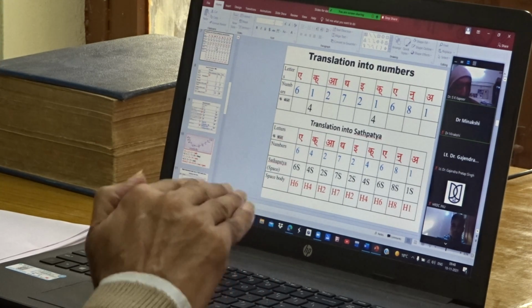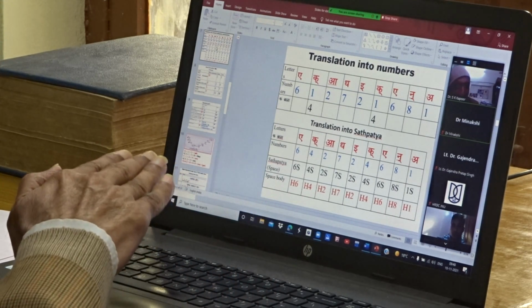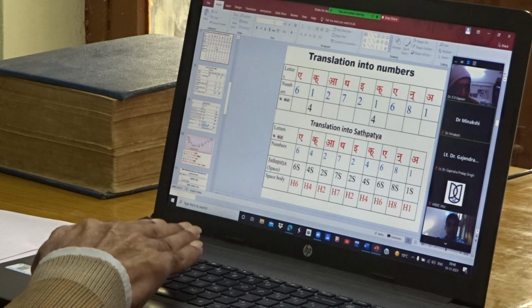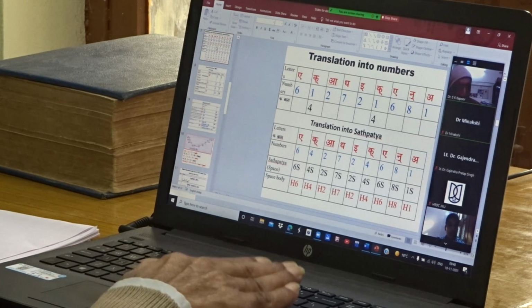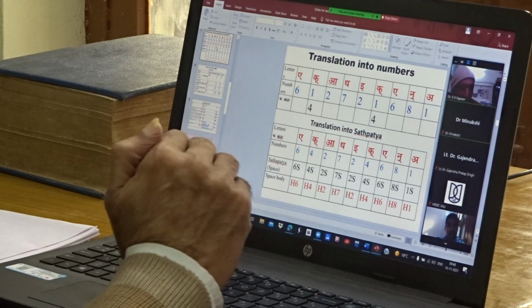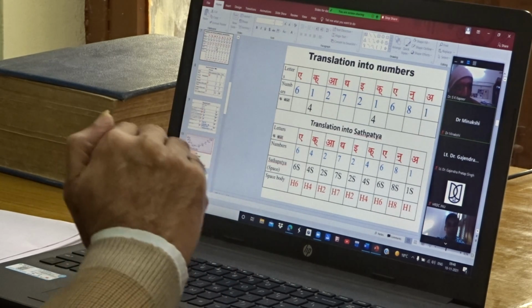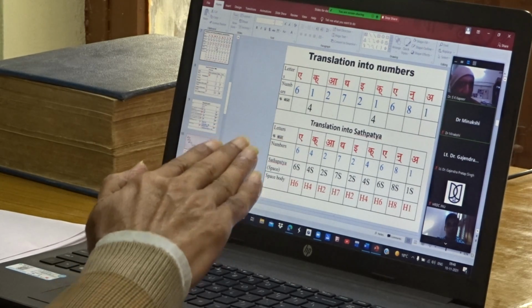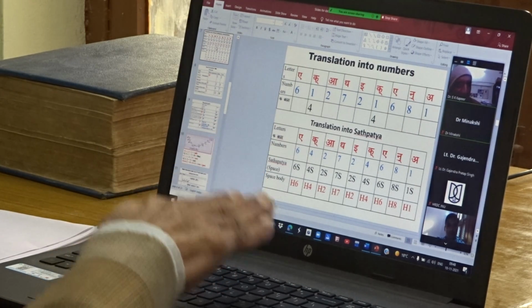Once we are having this translation, and once we have reached from the sound bits to the numbers values domain, then the next third layer, the third format will come into play, and it is called a sthapatya. It is a geometric.